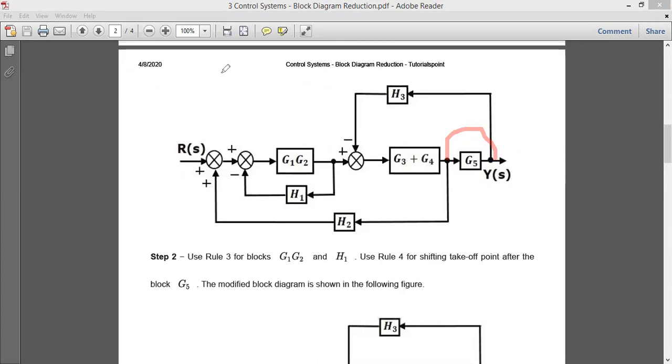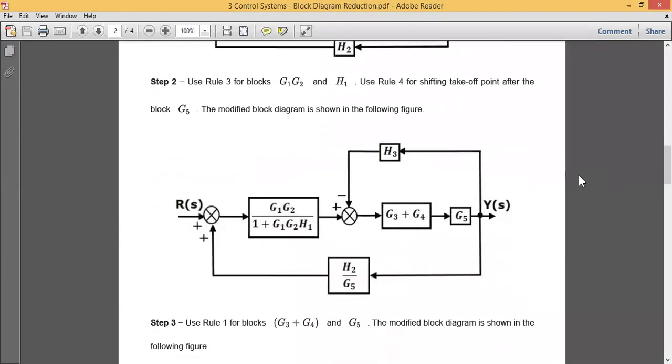Okay, so that is why you can see what modifications are done to the diagram here. H3 is as it is. I have shifted the takeoff point to Y of s, but what is the change in H2? When you shift after the block, you write 1 divided by the transfer function block.